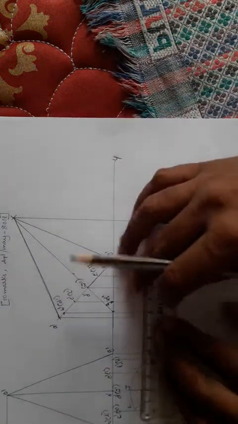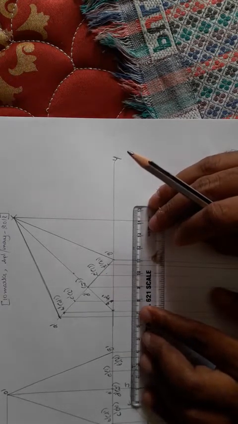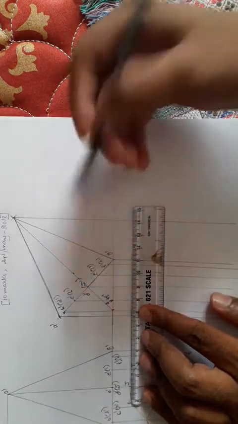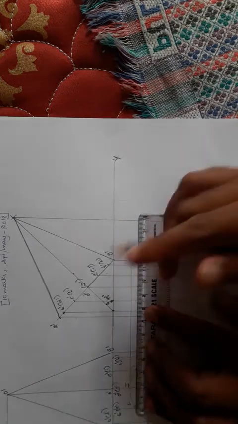Right, so this is the projection of the vertical line from the second stage front view, and similarly we are going to draw the horizontal line from the first stage of the top view.